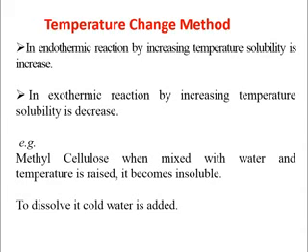So for endothermic substances, by increasing the temperature, solubility can be increased, whereas for exothermic substances, by increasing the temperature, solubility can be decreased. By this way we can alter the solubilities of your drugs.